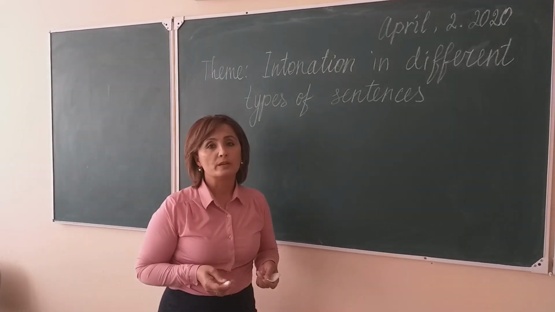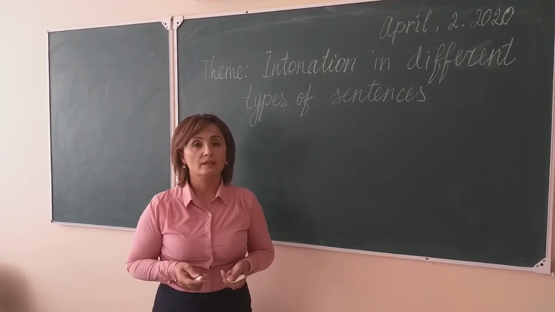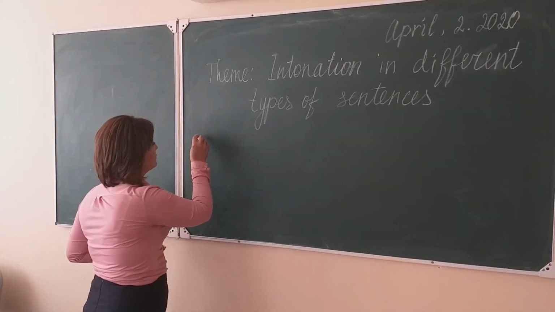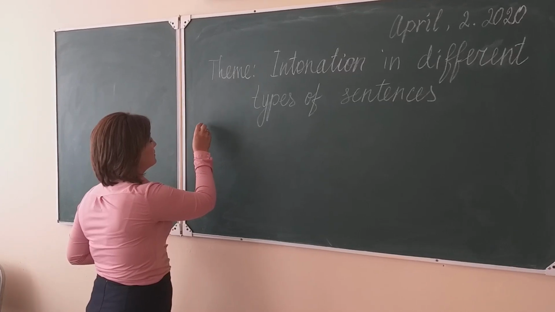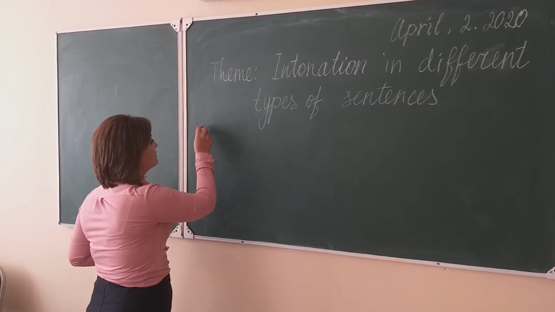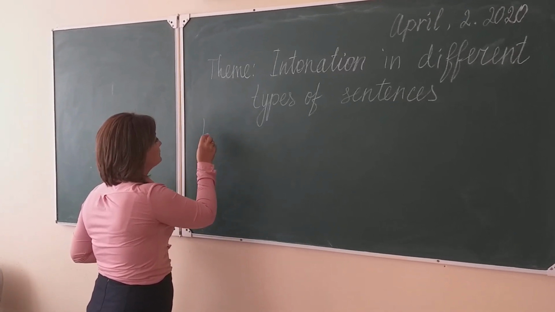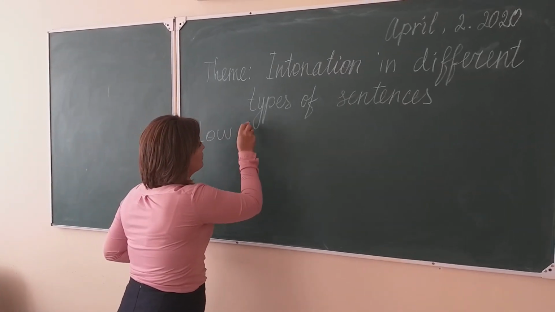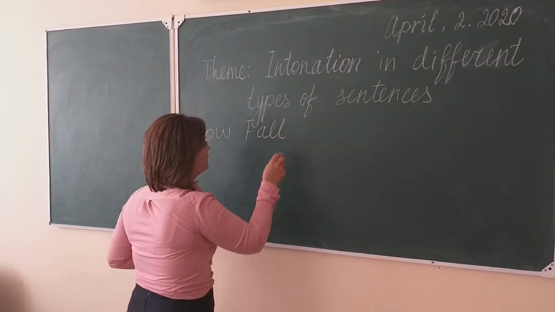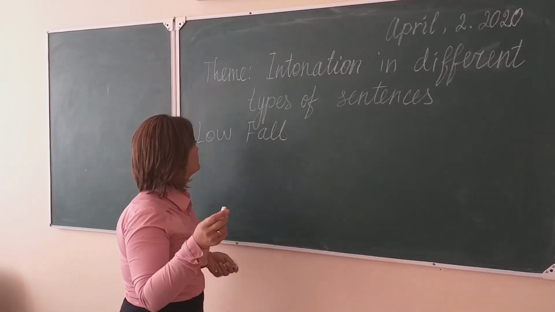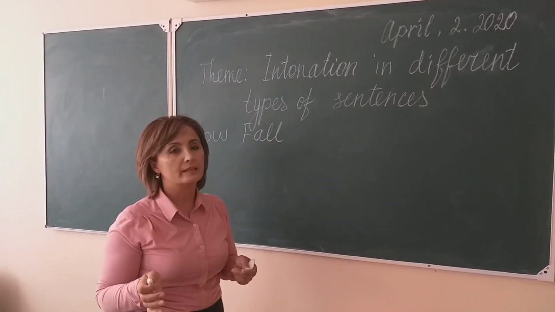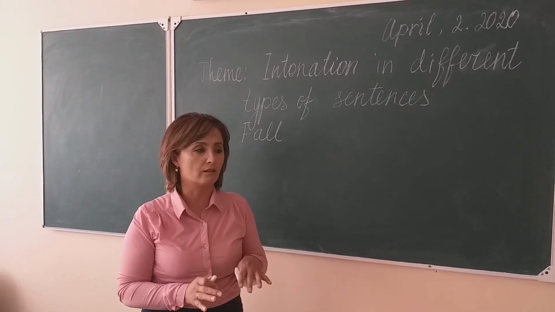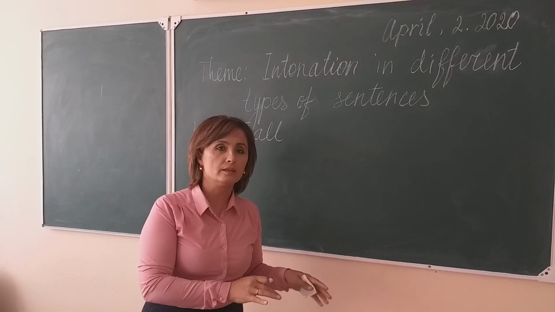Eight types of intonation are distinguished in the English language. So now I will explain all of them to you. The first intonation pattern, the first nuclear tone, is the low fall. First of all, I have to remind you that mainly two types of intonation are distinguished, two main types: falling tune and rising tune.